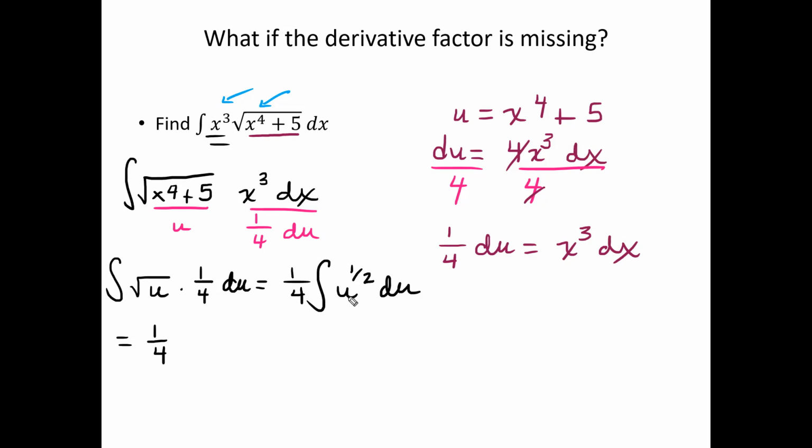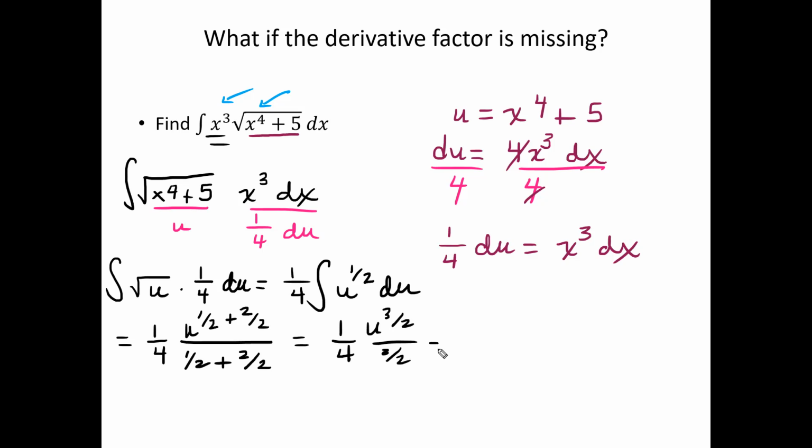How do I find the antiderivative of u to the 1/2? U to the 1/2 plus 1, which would be 3/2, over 3/2. So this is the antiderivative rule. And from here, 1/4 u to the 3/2 over 3/2.